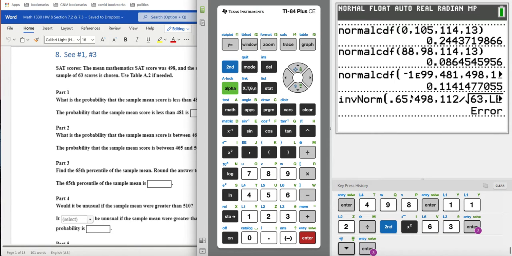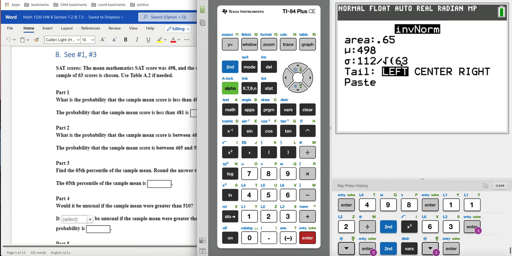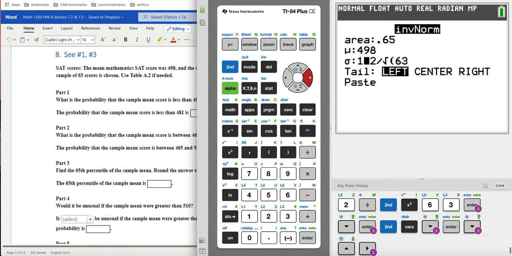And, oh, I did something wrong. Interesting. Oh, it looks like it was trying to square root the word left. That is probably not the case in a regular calculator. I think it's just because it's this online one, but let me go and fix it, and I think I probably just need to put that closing parenthesis in there.